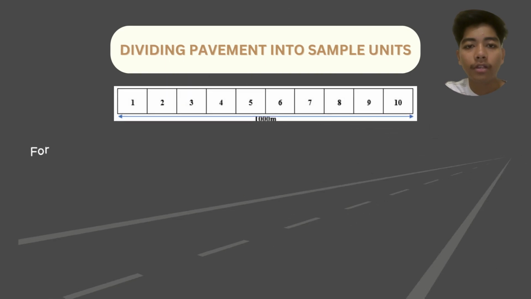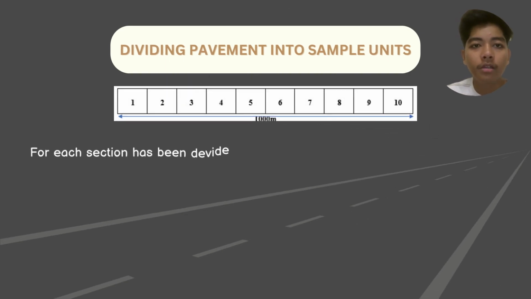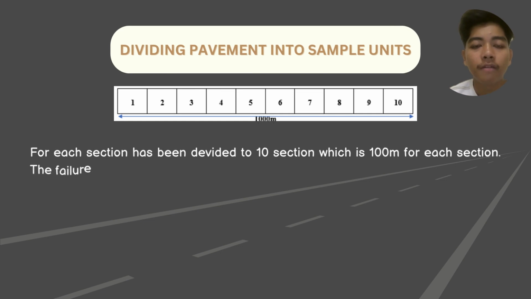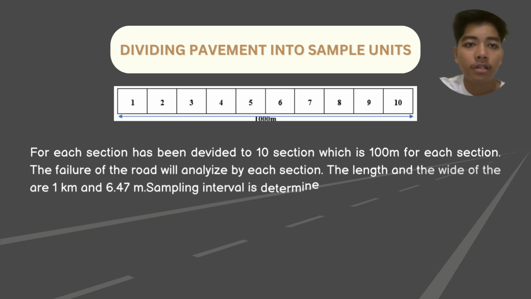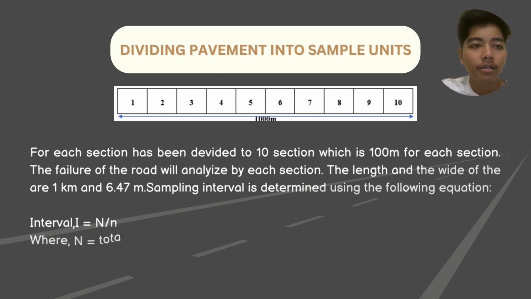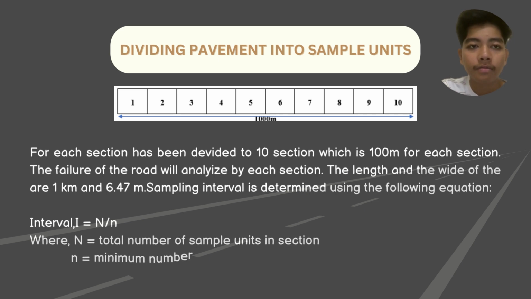So for the other part of our project, we divide the pavement into sample units. There are 10 sample units. The road has been divided into 10 sections, which is 100 meters for each section. The failure of the road will be analyzed by each section.